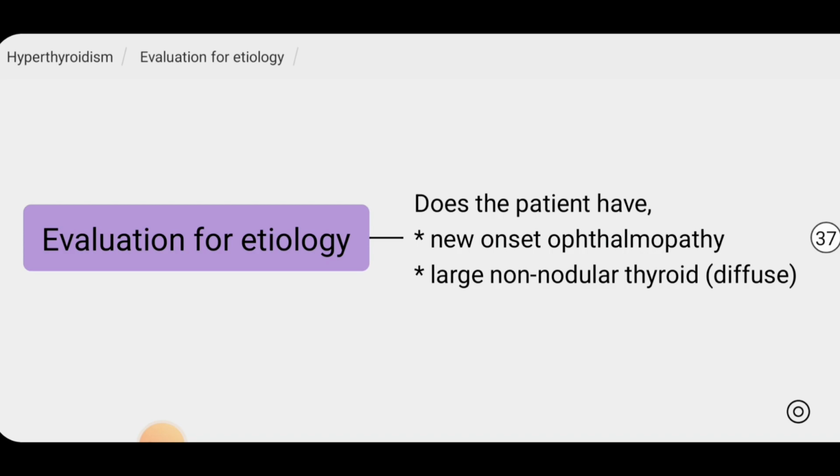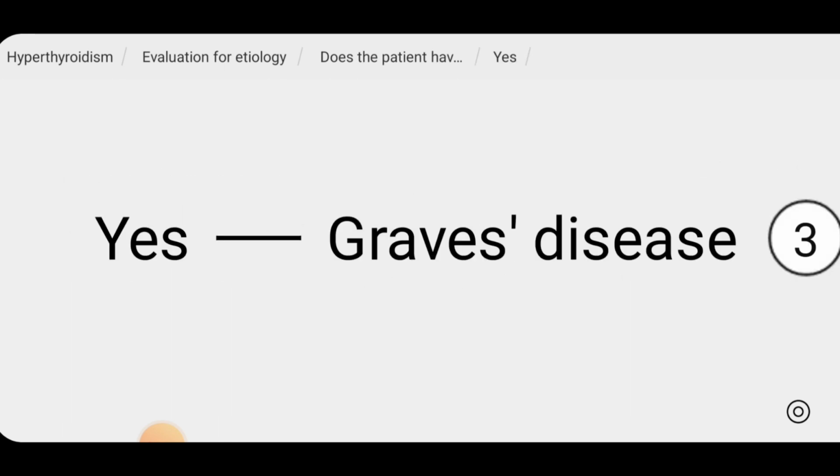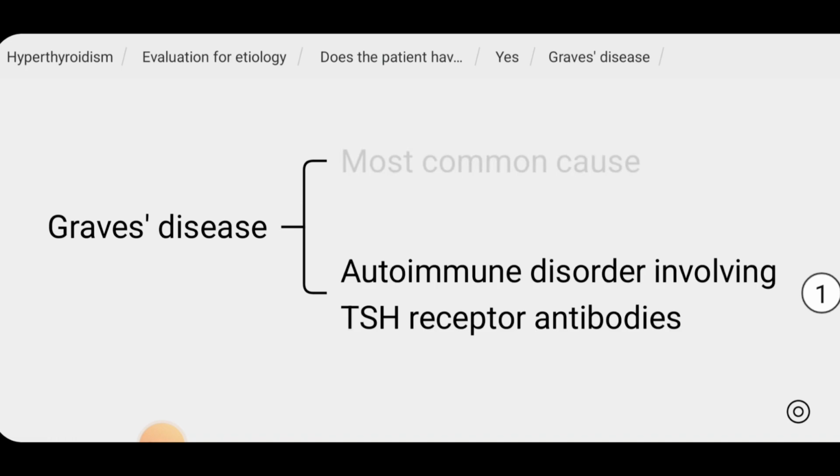If the patient has that ophthalmopathy and also a large non-nodular thyroid, that is a diffusely enlarged thyroid gland, then the most likely diagnosis is Graves' disease. Graves' disease is the most common cause of hyperthyroidism, and it is an autoimmune disorder involving TSH receptor antibodies.